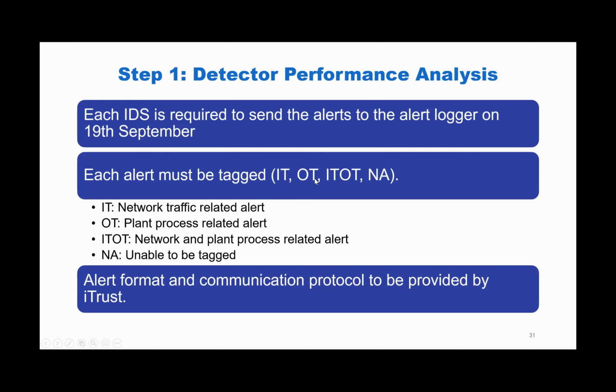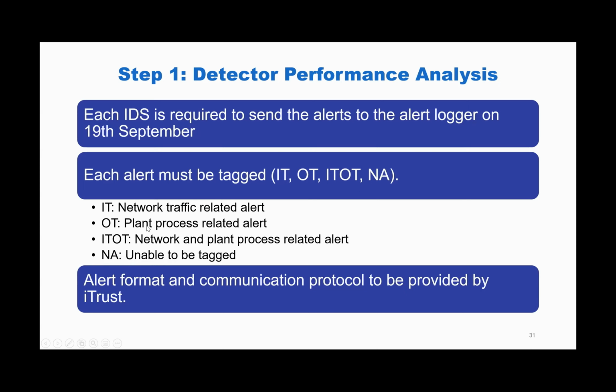And this category can be of 4 different types: an IT attack, which is a network traffic related alert; or an OT alert, which is a plant process or an OT related alert; an IT OT alert, which is a network and plant process related alert; and not applicable or NA, which means you're unable to categorize or tag that particular alert in any of the other 3 categories.